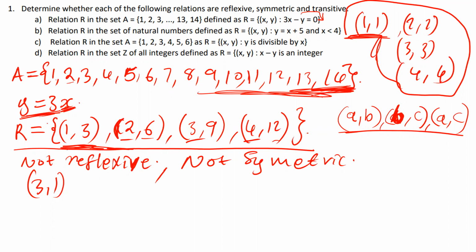But let us check if this is available in the given set. We have (1, 3). Let me write it here.